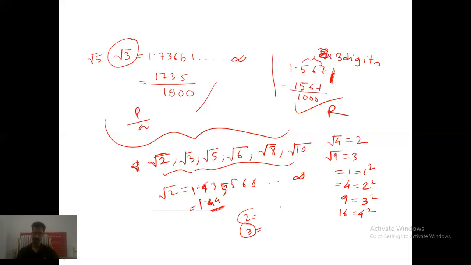The square root of 16 will be 4. So it will end, and 4 is a rational number, a whole number. That's why if you are asked to write any irrational number, you can write the square root of any non-perfect square, root 3, root 5, root 18. These are non-perfect squares.